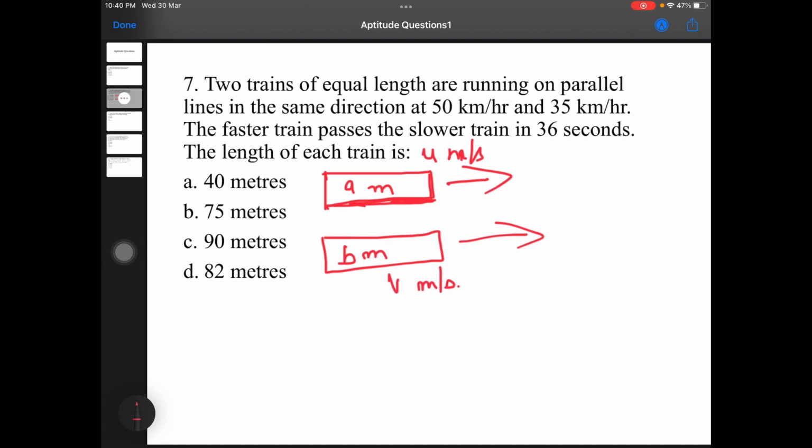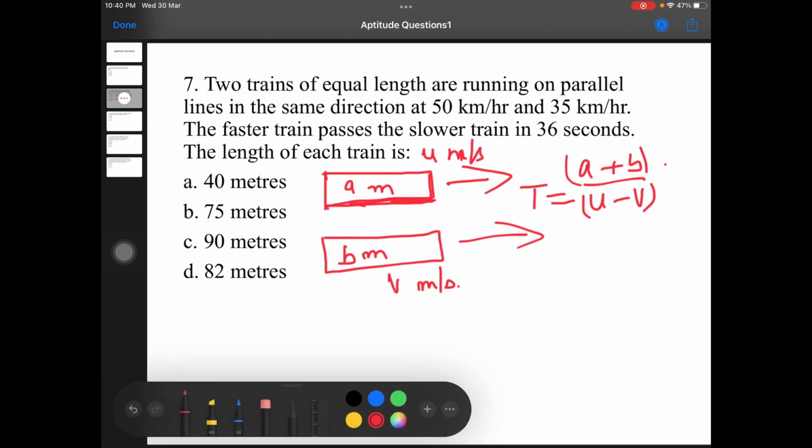So if both trains travel in the same direction, the time taken by the faster train to cross the slower train will be (A plus B) divided by (U minus V). So this is our formula.